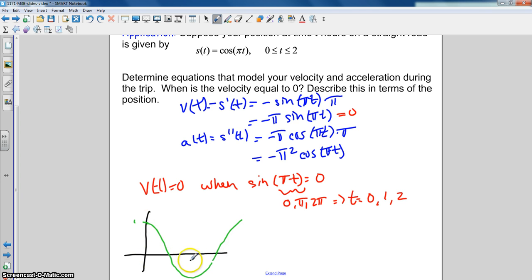This is 0, this is pi, and then out here at its other maximum would be 2 pi. So these represent the maximal cosine values, the maximal distances we are on the road.